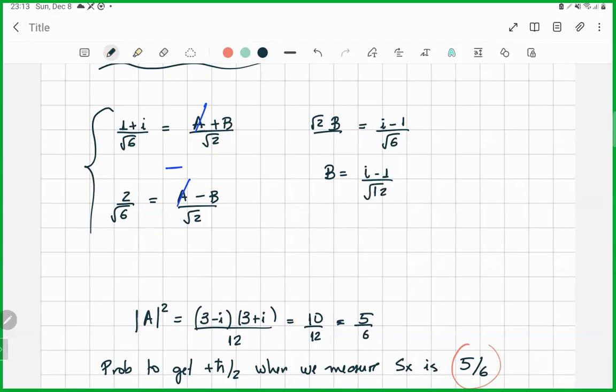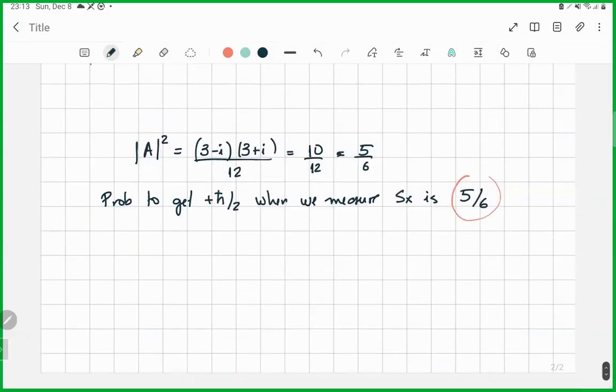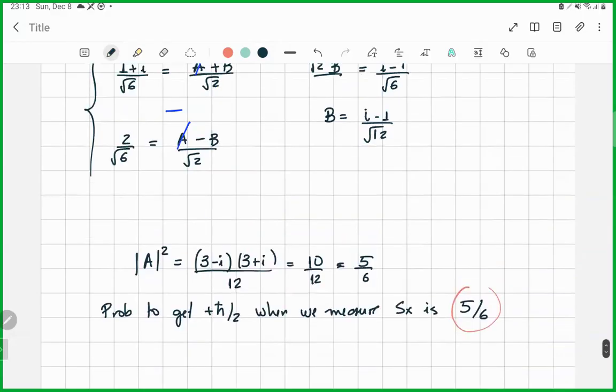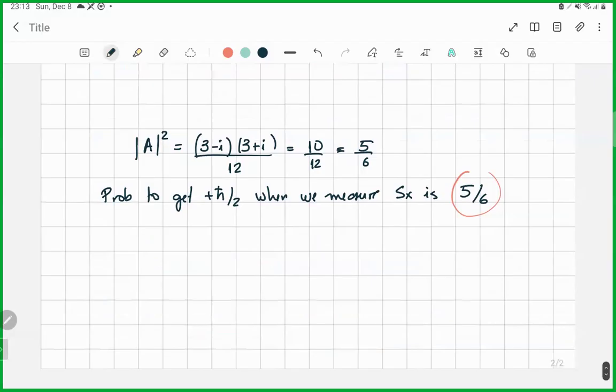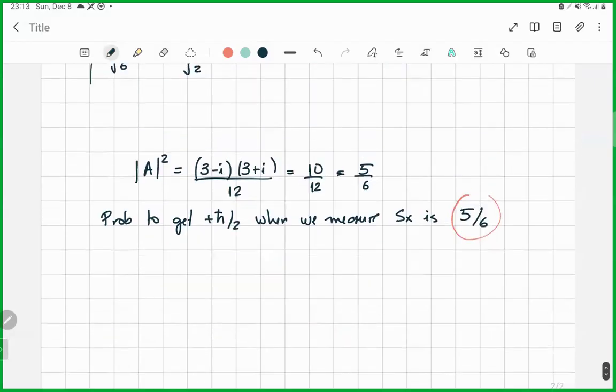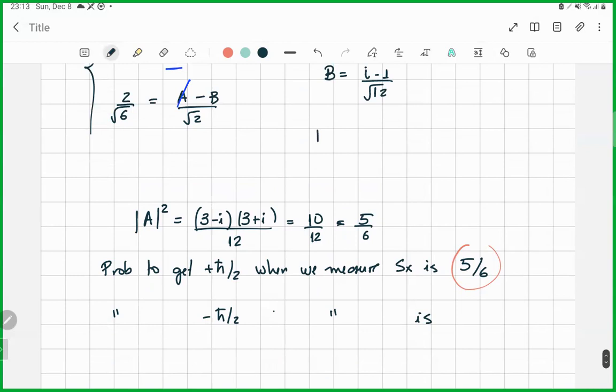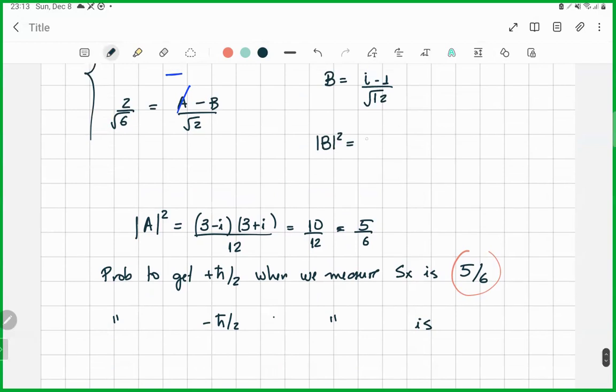And so now we can also find the probability to get minus h bar over 2. So what is it? Probability, so I'm just going to copy here, minus h bar over 2 when we measure Sx is this absolute value of B squared, which is minus I minus 1 plus I minus 1 divided by 12.